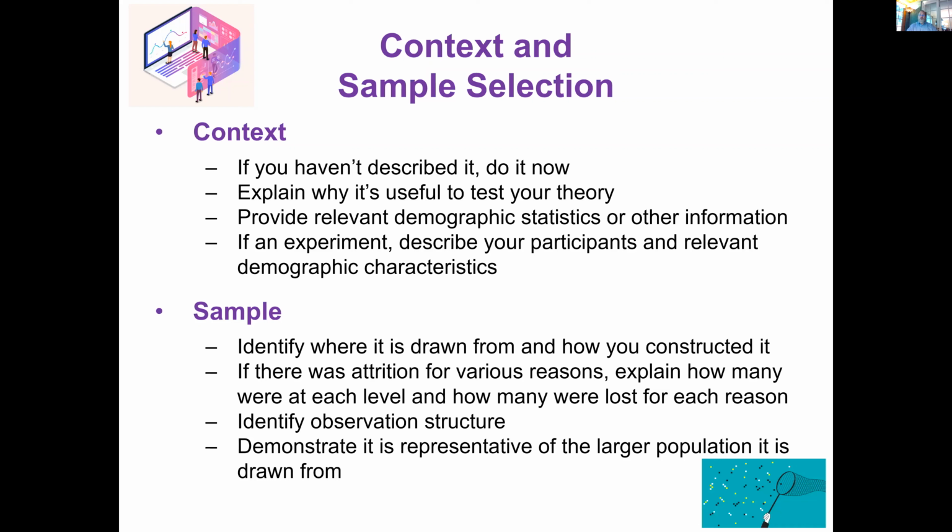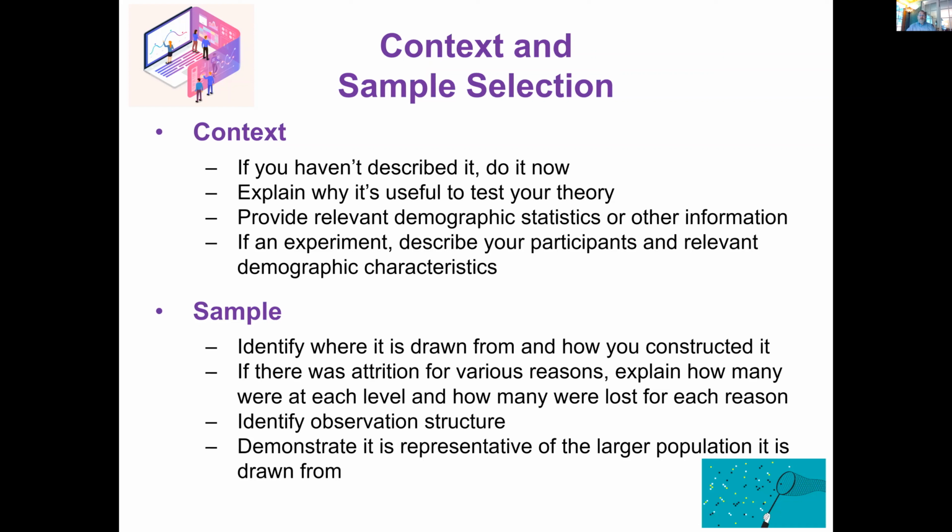Are these individuals, are these firm years, what is the observation structure that you're then using? And then you also want to provide some statistics if you can, or other information that demonstrates how and why your sample is representative of the larger population it's drawn from.